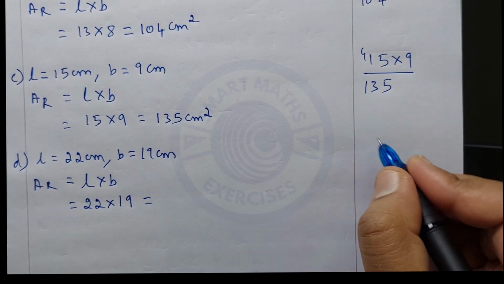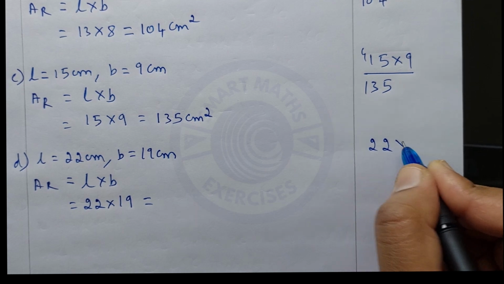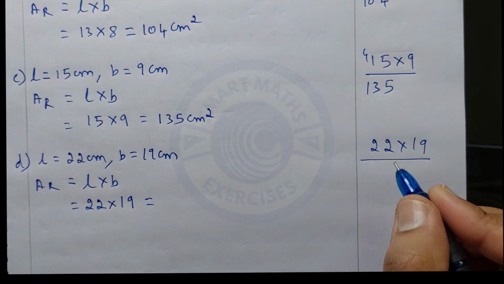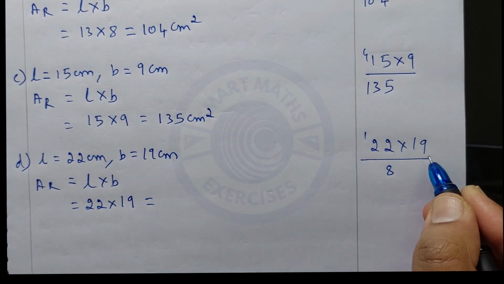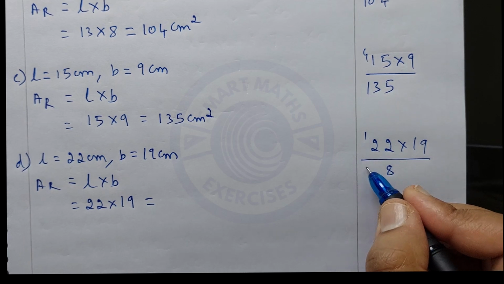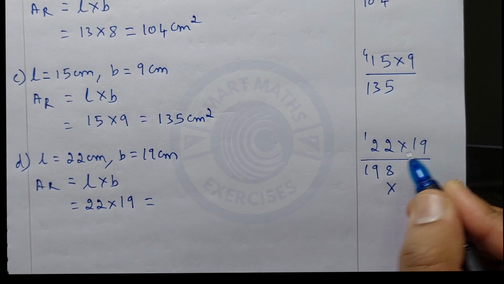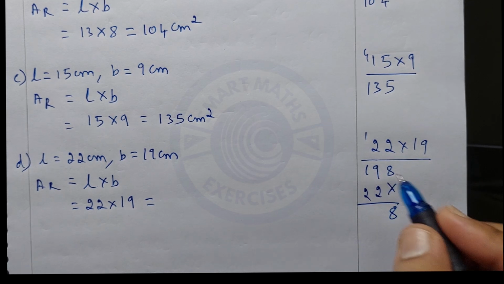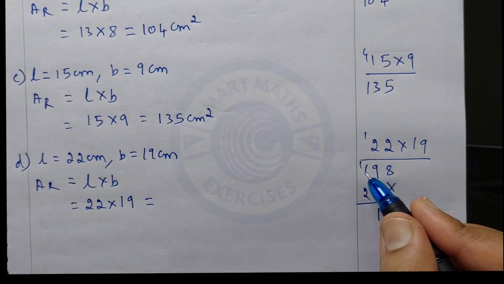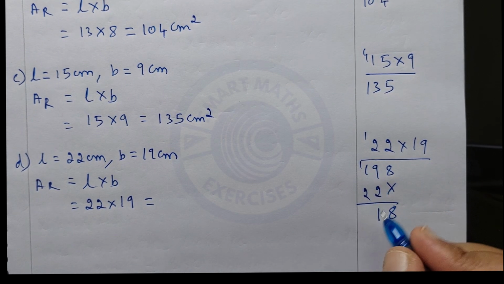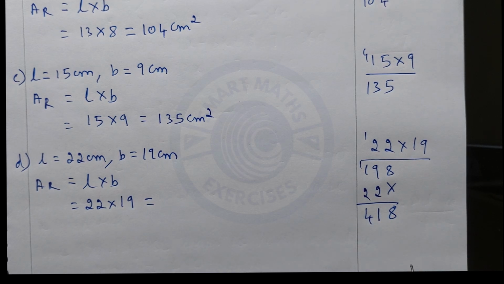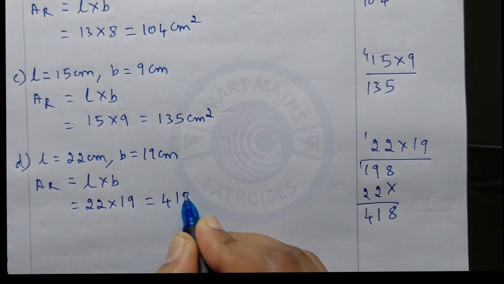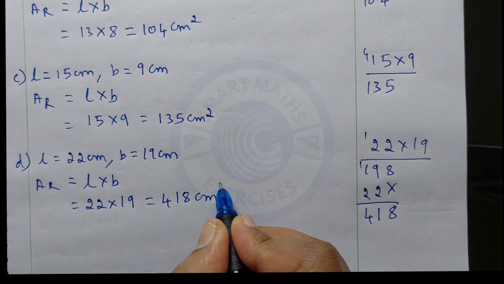Multiply 22 into 19. 9 2s are 18. 9 2s are 18 plus 1 is 19. 1 2s are 2. 9 plus 2 is 11. 1 plus 1 is 2. 2 plus 2 is 4. So answer is 418 centimeter square.